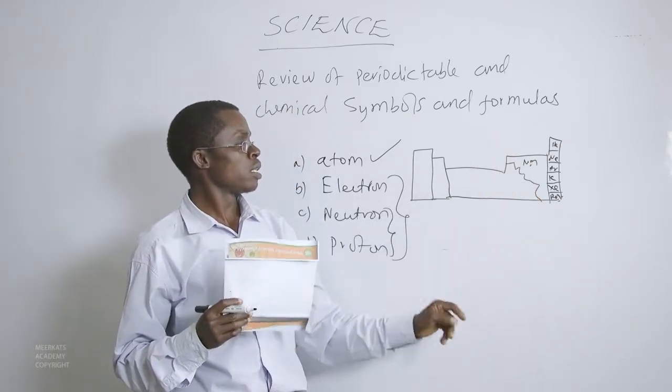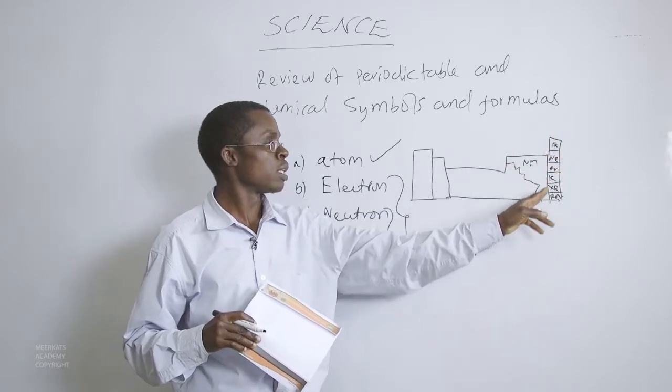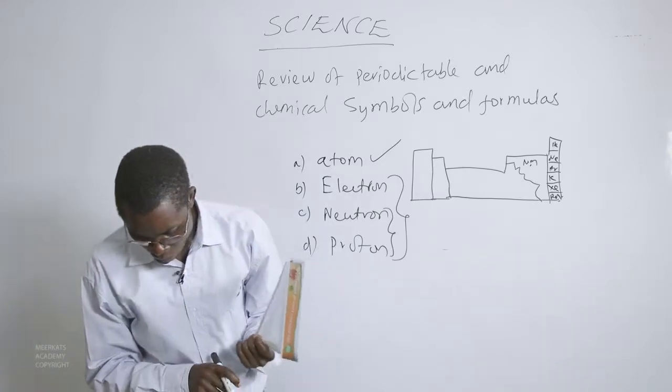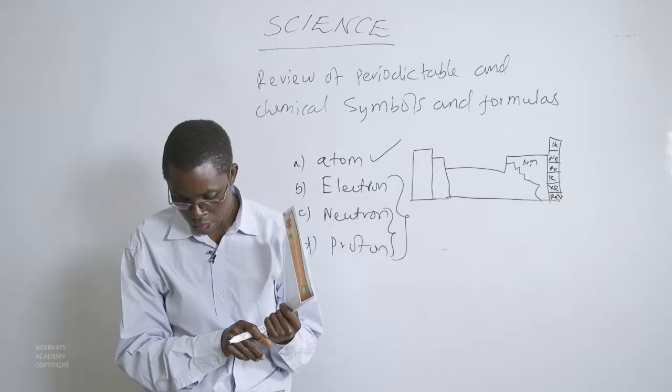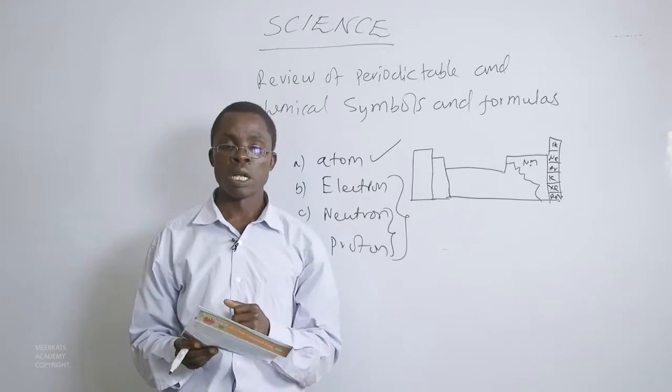That's the non-metal part. But now the present question is talking about these elements. So the question is asking, what name is given to the group of elements listed in the table above? What name is given to these elements?